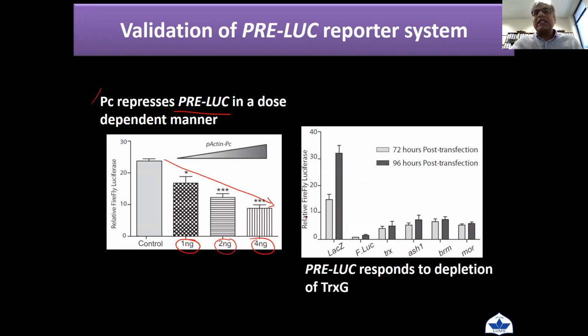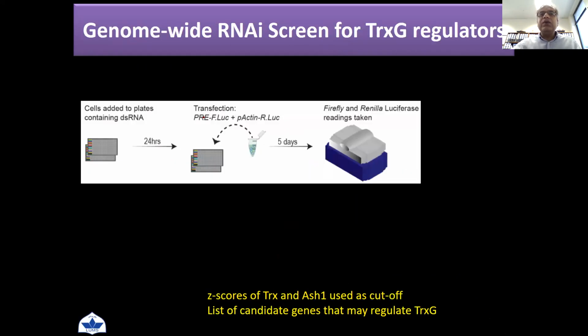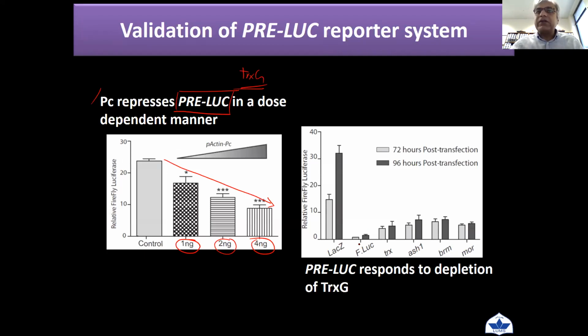Now, what's next? Since we were interested in trithorax group genes, we have to show that the expression of luciferase from our PRE luciferase reporter, like GFP here, is due to trithorax group components. We transfected PRE luciferase in cells.